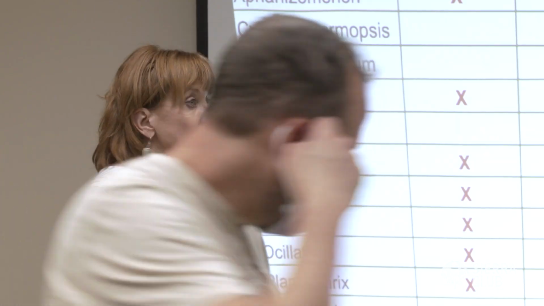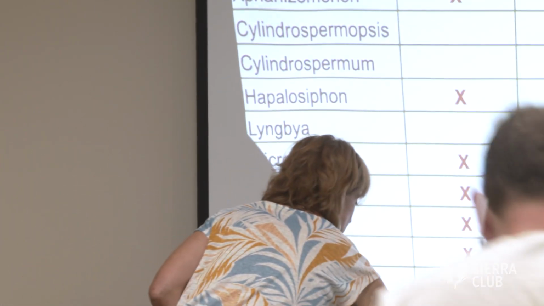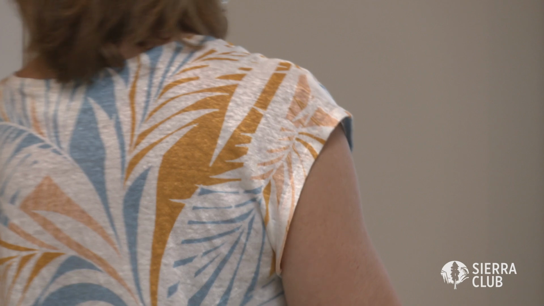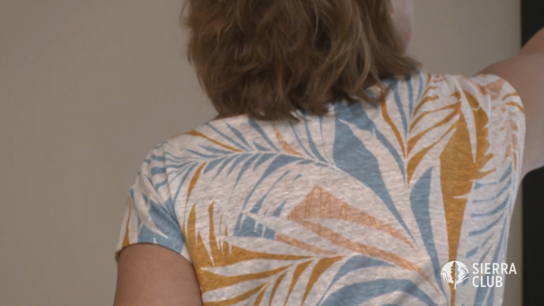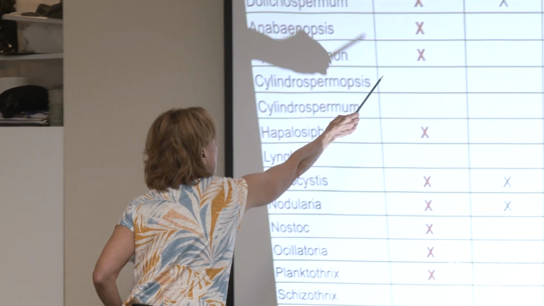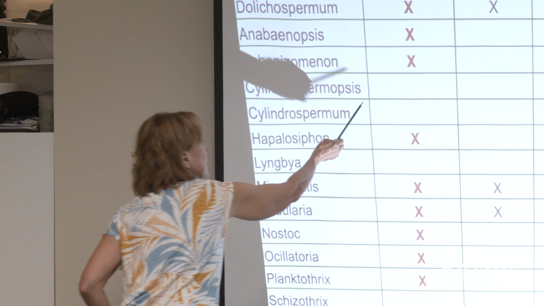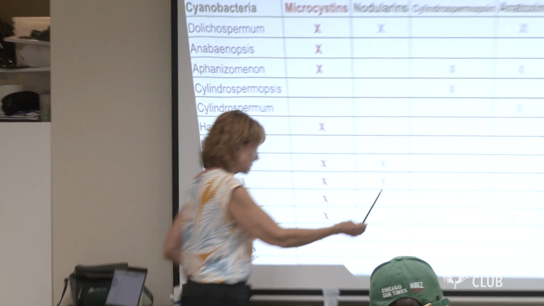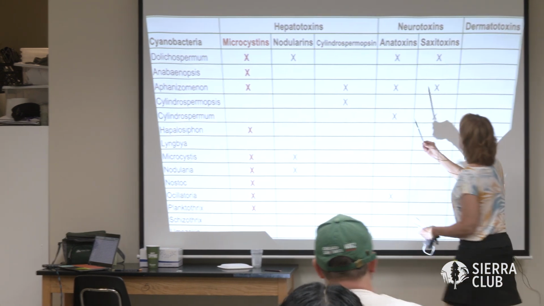I just wanted briefly to talk about the toxins. Did somebody find Dolly? No, okay. So here's Aphanizomenon. Does it produce microcystins? Yes, so that's what we tested for. As you notice, it also can produce neurotoxins, which we did not test for.